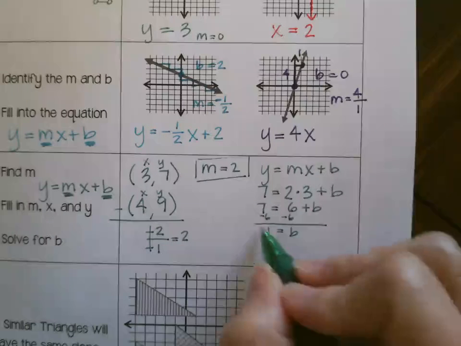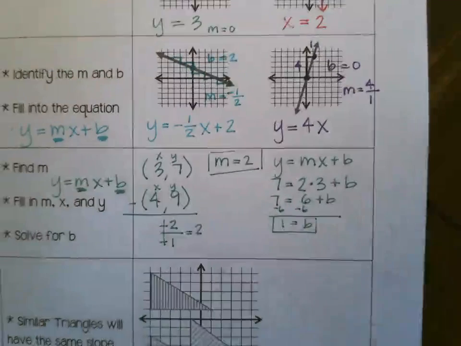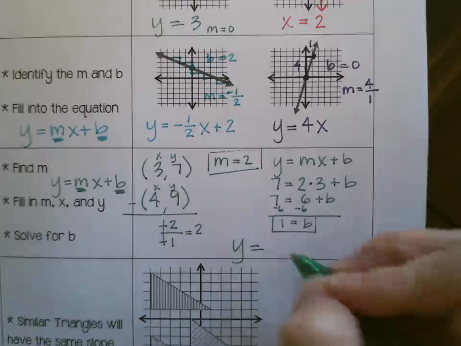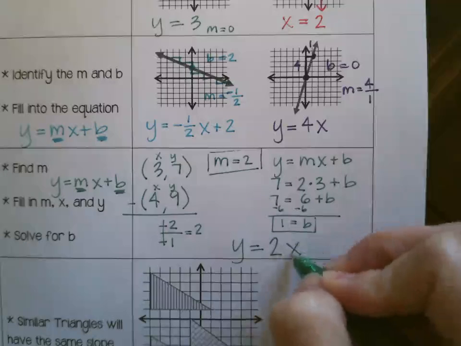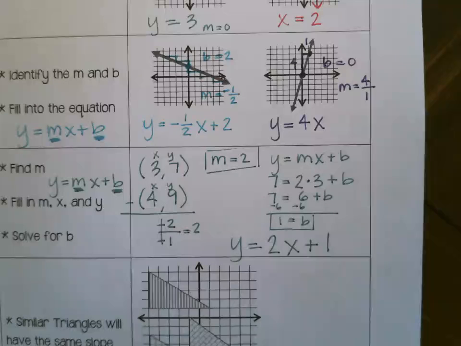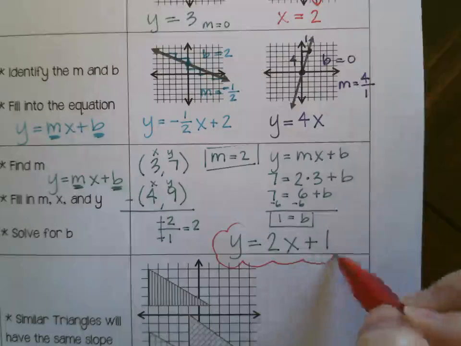So now I know the b. So the answer for this equation should be y equals mx plus b. And when we write our final answer, we don't fill in the points for x and y.